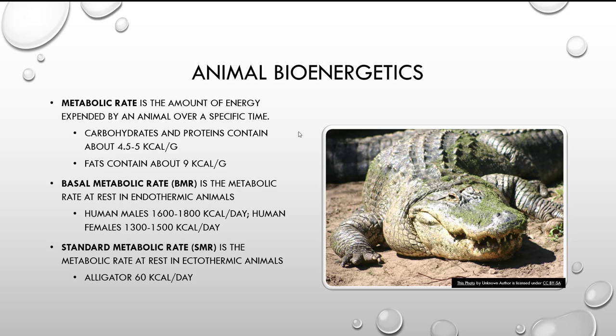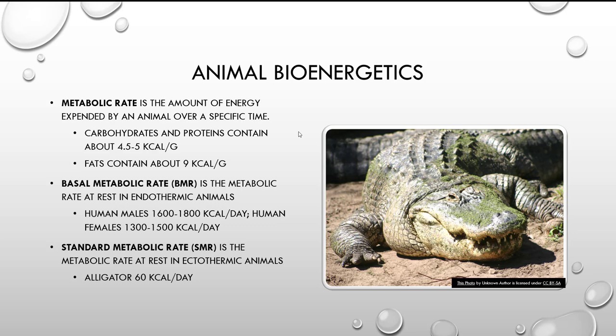Now, if we're looking at the amount of energy that we require, we can look at what's called a basal metabolic rate, a BMR, or a standard metabolic rate, an SMR. The only difference is that the basal metabolic rate is for endothermic animals, and a standard metabolic rate is for ectothermic animals. This is just the metabolic rate at rest, not including any exercise that you do.